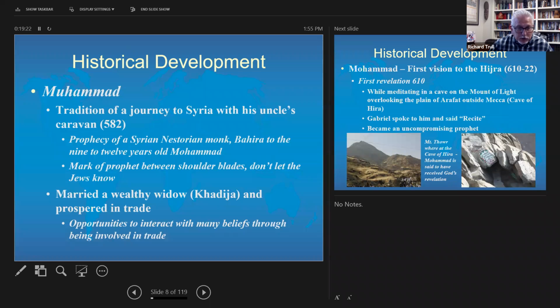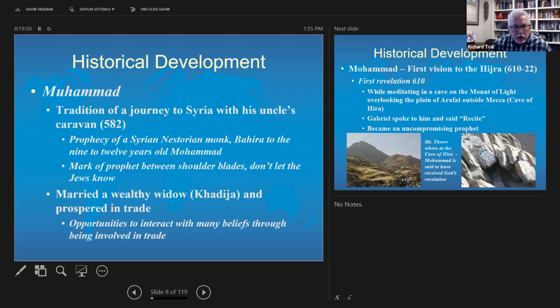And he even prophesied, don't let the Jews know. It would be later that the Jews would be seen in opposition to what Muhammad was doing. But that was the prophecy. How true that tradition is, we don't know, but it's been around for quite a bit, and there seems to be enough to think that maybe it is true.